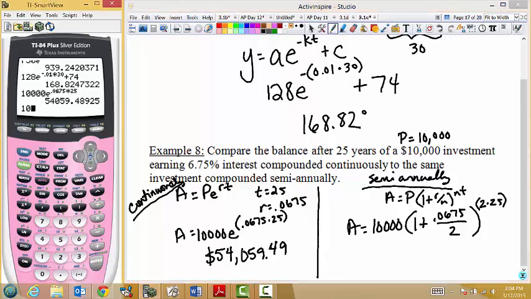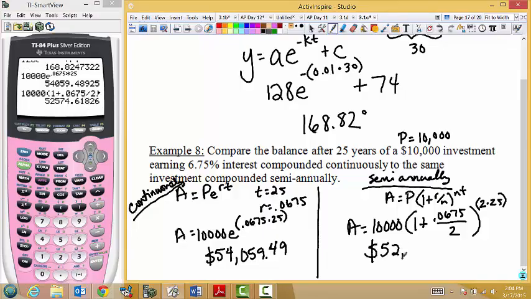So it's 10,000 times 1 plus 0.0675 over 2, close parentheses, to the open parentheses 2 times 25, close parentheses. And it's 52,574.62. It says compare it. Continuously gives you more money.